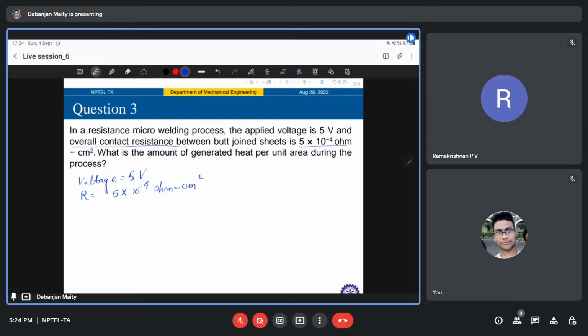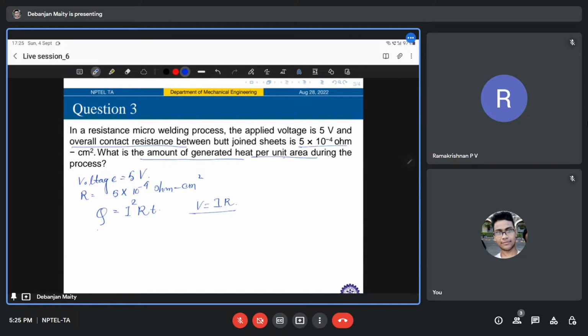So we need to find out the amount of generated heat per unit area during the process. We know that the generated heat can be described as Q equal to I square R T, where I is the amount of current transferred into the workpiece, R is the resistance, and T is the time of the welding.